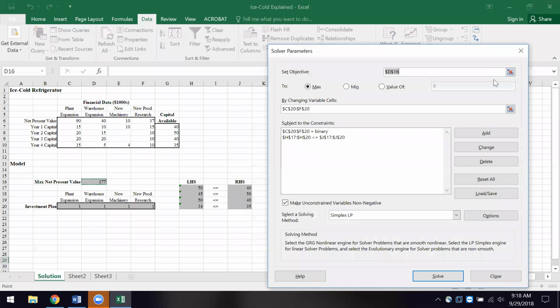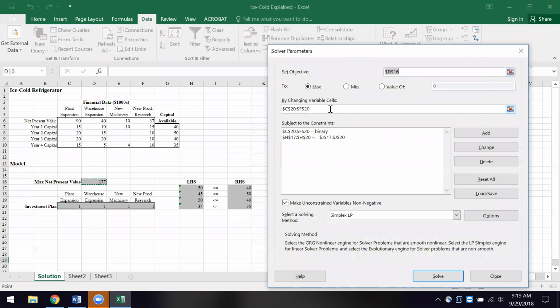Here's solver. All right, we're trying to get the maximum net present value. We're making some investments, and we're calculating the net present value of them, and then we're going to change the variables, and that is our investment plan.